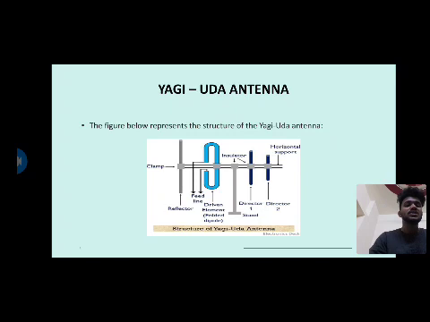The figure below represents the structure of the Yagi antenna, where the driven element is a folded dipole which consists of an insulator, and two directors, and a reflector which reflects back from the driven element to the directors.